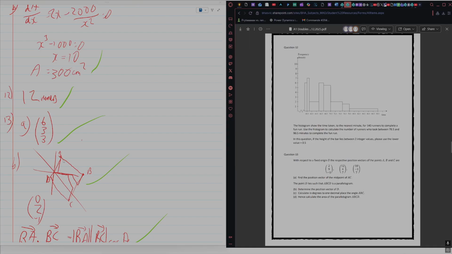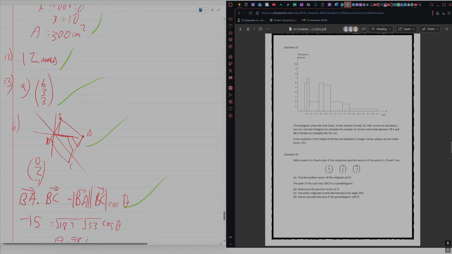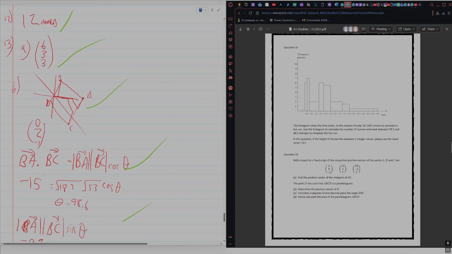Sorry. Yeah, you just find where these two vectors intercept each other, and then that gives you your answer. Next, we have this, it's another dot product thing, so don't worry about this.